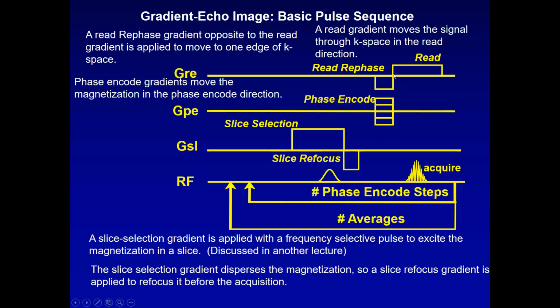And then finally, we turn on the read gradient and open the receiver, and we watch the magnetization move across K-space in the read direction. Now this direction often has 128 or 64 or 256 acquisitions in it. I've seen 512 before, depending on what you need for your image. What's your field of view desired? What is the image resolution you want?